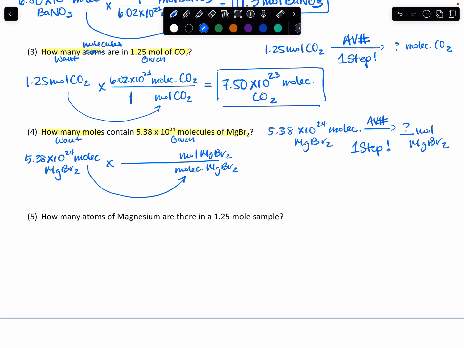And again, we use our unit equality. So 1 mole of any substance contains 6.02 times 10 to the 23rd molecules of that substance. So we do our division, 5.38 times 10 to the 24th divided by 6.02 times 10 to the 23rd, and we find that we have 8.94 moles of MgBr2.